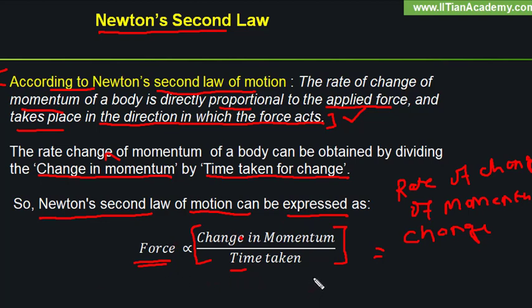So if there is an object B on which a force is applied, and then there is a change in momentum of this object, this change in momentum is proportional to the applied force, and it is in the direction of the applied force.